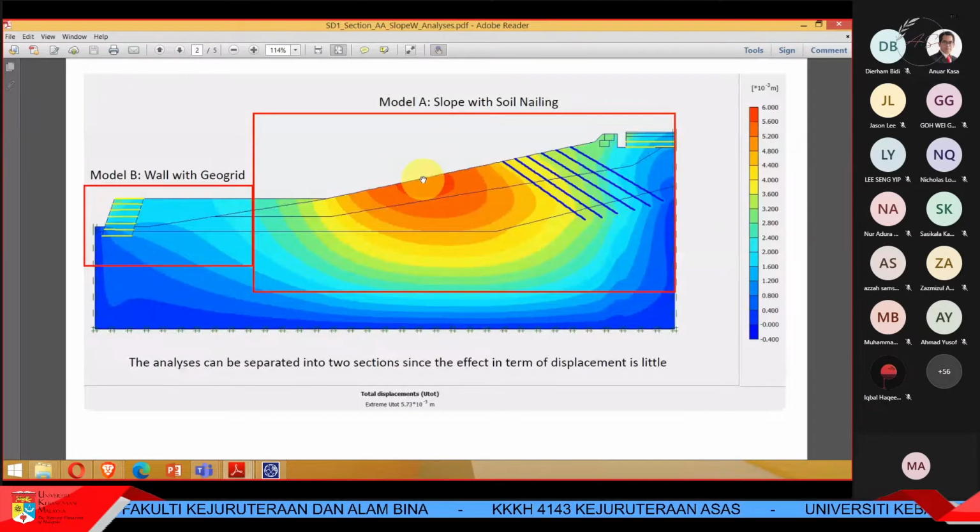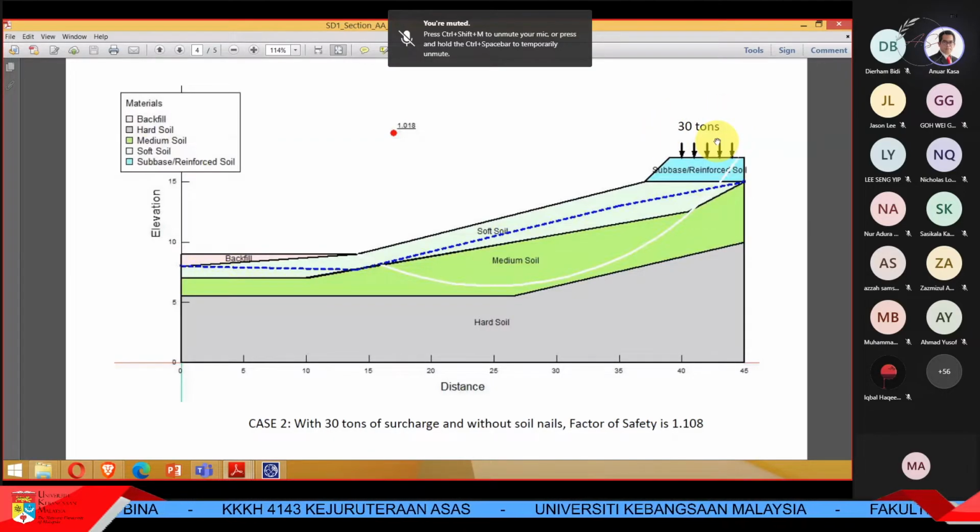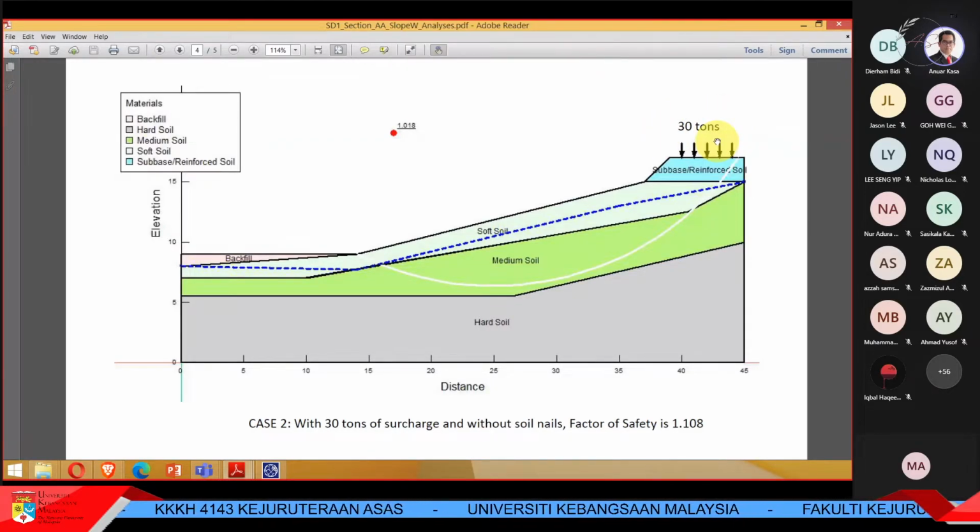Because they want to install the piles, one machine needs to come, a 30-ton machine, so that they can rectify the pile. So the 30-ton machine will be here. Still, we see here without the reinforcement it is only one. So this one is not enough.